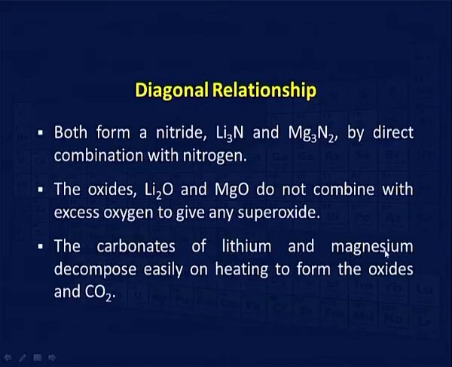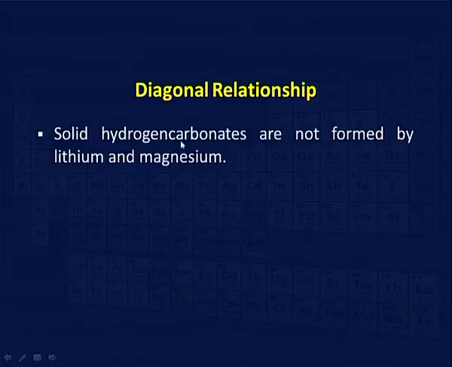Then, carbonates of lithium and magnesium decompose very readily, because of polarization. CO3 2- is a very large anion and the cation is very small, so there is a lot of distortion of the electron cloud, and therefore they decompose very readily. Solid hydrogen carbonates are not formed by lithium and magnesium, only in solution.